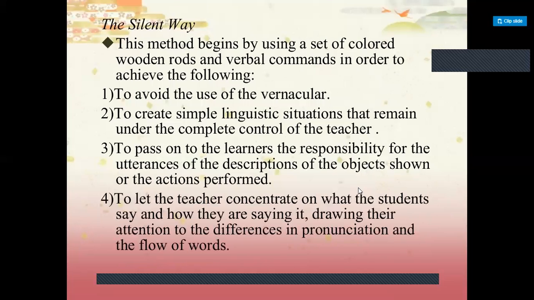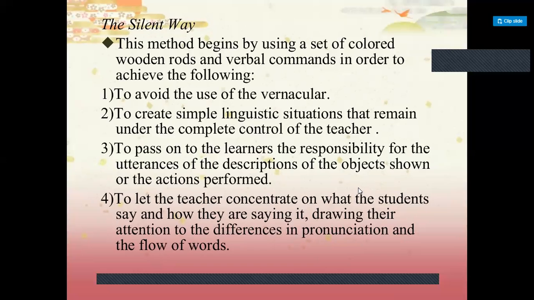Then we have the silent way. This is going to be even faster. Silent way is going to be just, for example, students that were going to what? To talk, right? As much as they could, but they were going to be following a series of colors, and these colors were going to have a specific sound, and that's it, right?